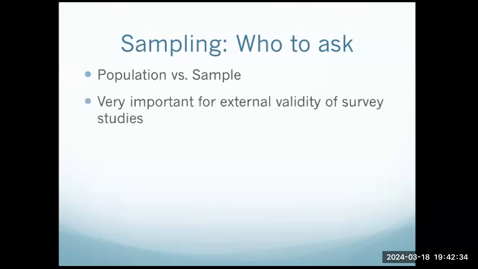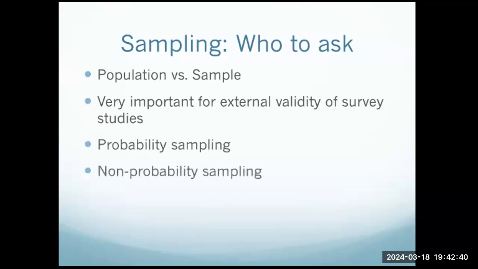It's really important for external validity of survey studies to have, as much as possible, probability sampling, and I'll talk about what that is. So we have two main types of sampling: probability sampling and non-probability sampling. And I'll explain what each one of those means.